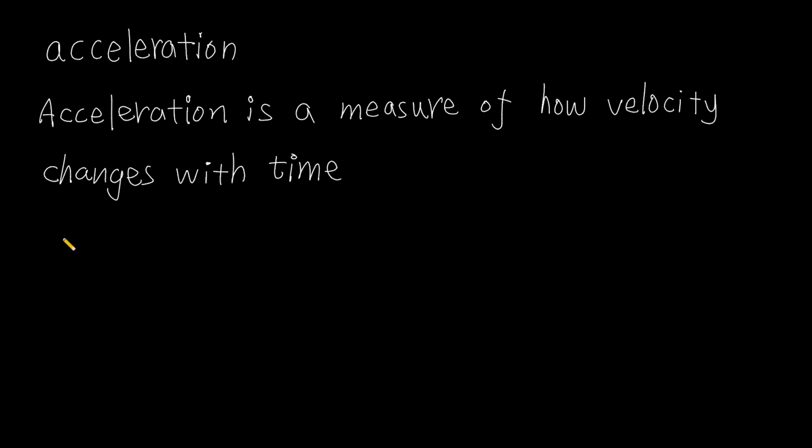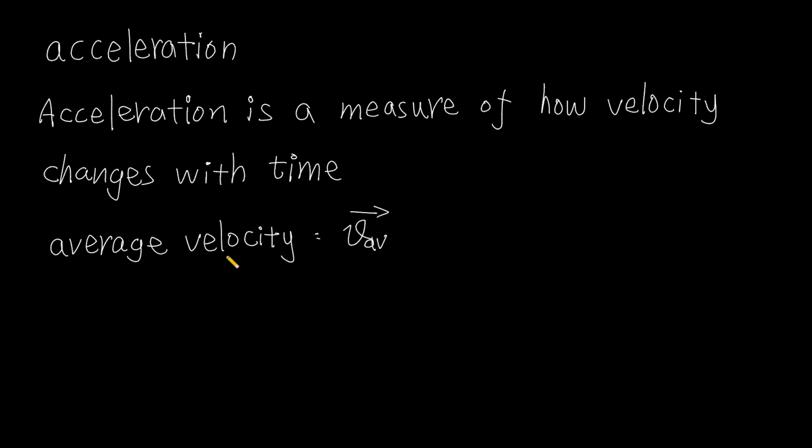We know that there is average velocity, and we know that velocity is a vector, and we use this symbol to represent average velocity.